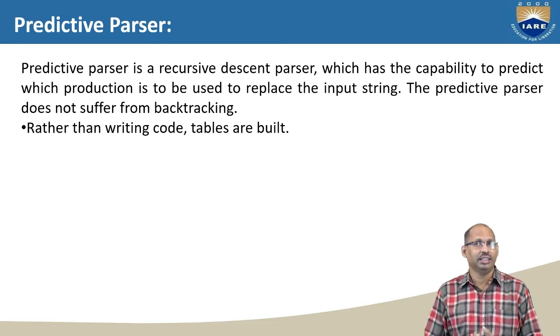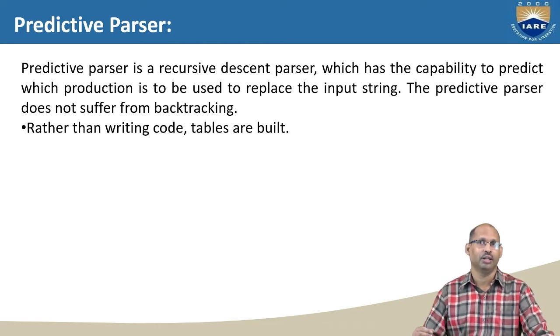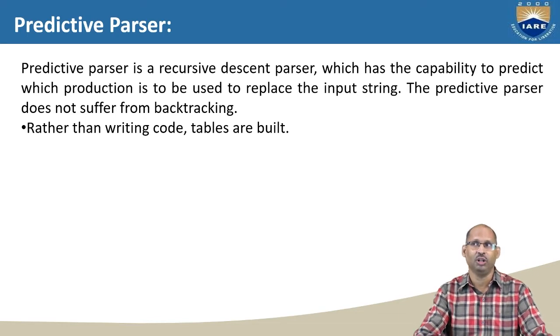In this predictive parser, it is a non-recursive descent parser. Normally, a recursive descent parser consists of recursive functions in the program. But here, there will not be any recursive functions.